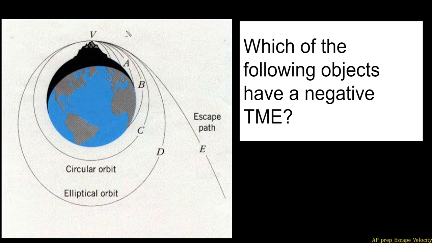It's not to scale, but he imagined throwing a rock off of a really tall mountain tangentially, totally perpendicular to the radius. First you have projectiles, like we did in the first play posit. These are parabolas, bigger and bigger parabolas. So A and B are parabolas.